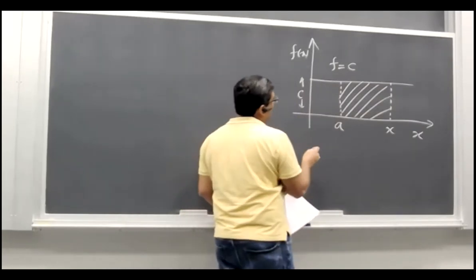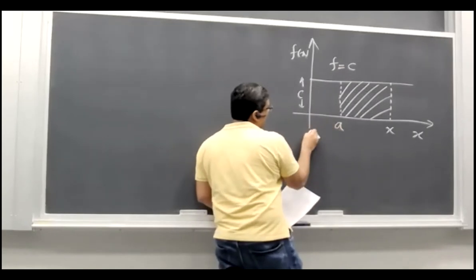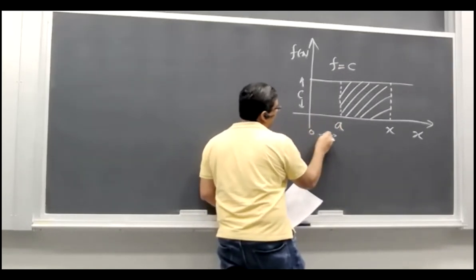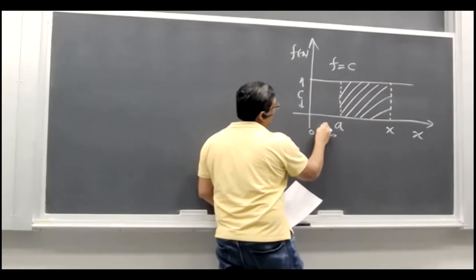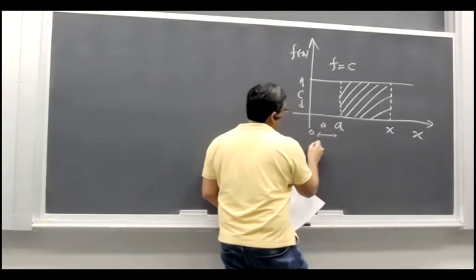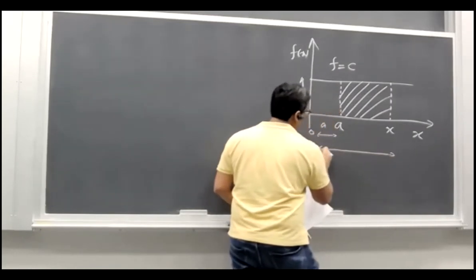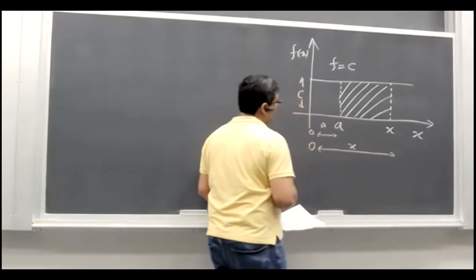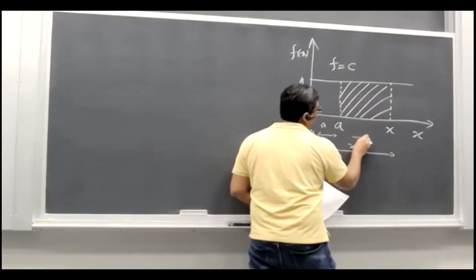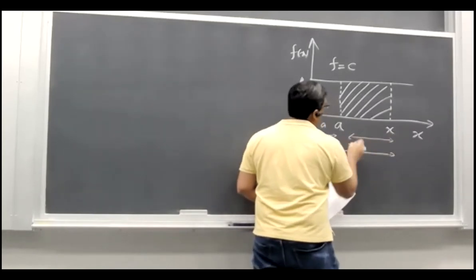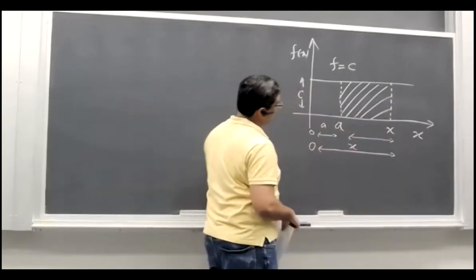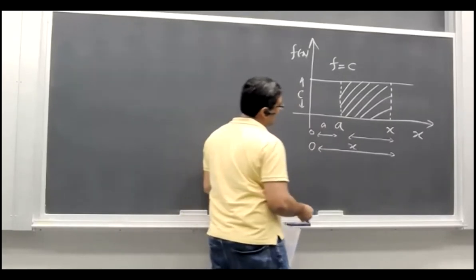The other side would be, a means distance from 0 to the initial range is a, and x means distance from 0 to x is distance x. So now how do I find this distance, which is the side of my rectangle? How do I find that?